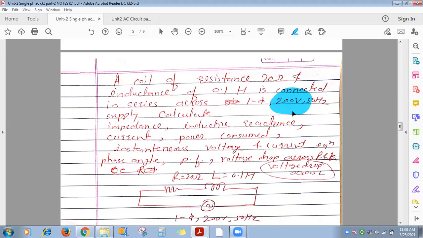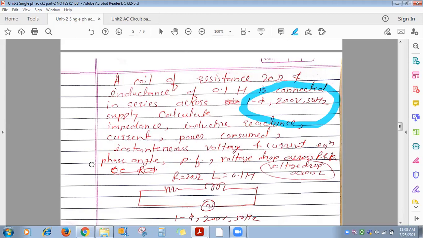In supply specifications, whatever voltage is given is an RMS value only. If they clearly mention that the supply voltage peak is so and so, then you consider it. But if nothing is mentioned and only a value is given, it is the RMS value.